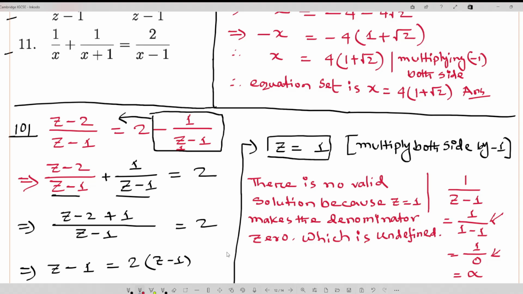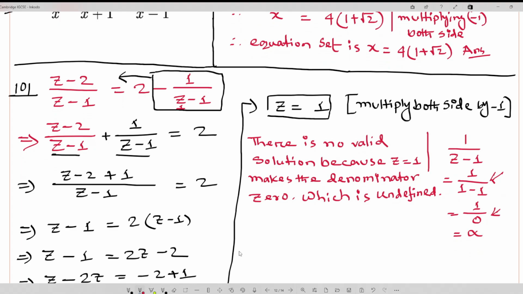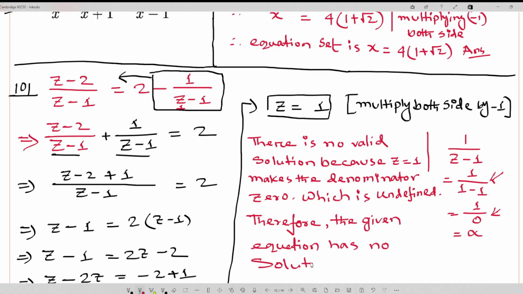If undefined, it's not possible for z to equal 1. Therefore the given equation has no solution. Okay, hope you clear this one.